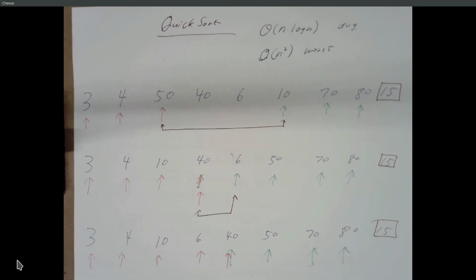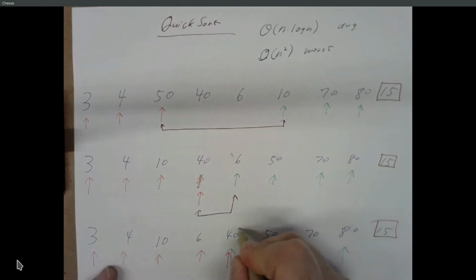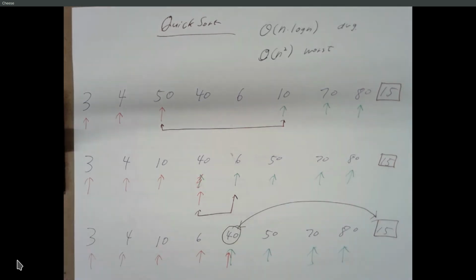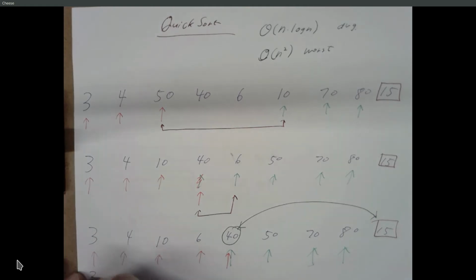Once we hit that collision point, we take that number and we swap it with the pivot. So this gives us our final array. So the 40 and the 15 get swapped.